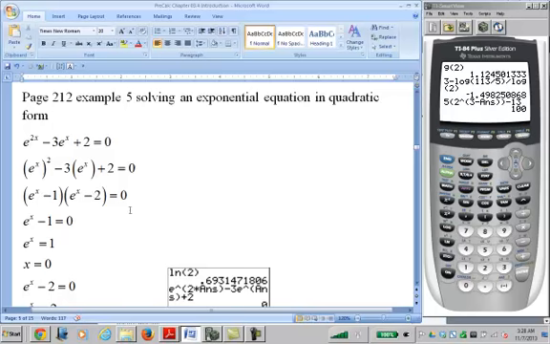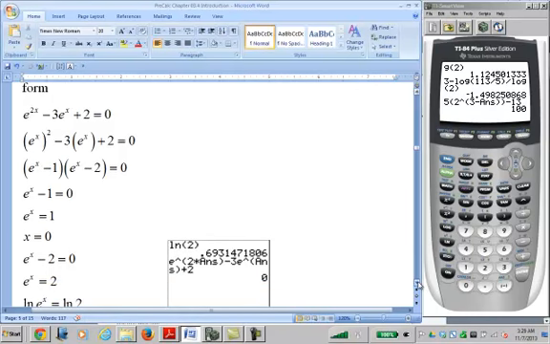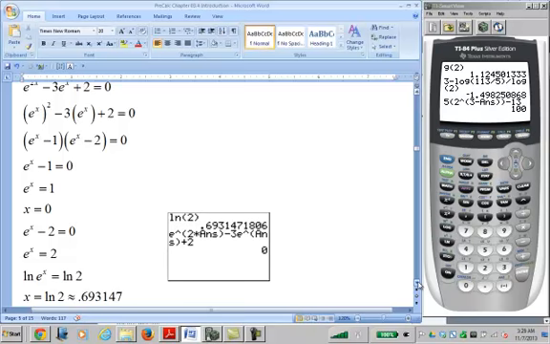So then you take the two factors and use the zero product property to evaluate them. e to the x minus 1 equals 0, e to the x equals 1, so x equals 0. And then e to the x minus 2 equals 0, e to the x equals 2. And then we're going to take the log of both sides.